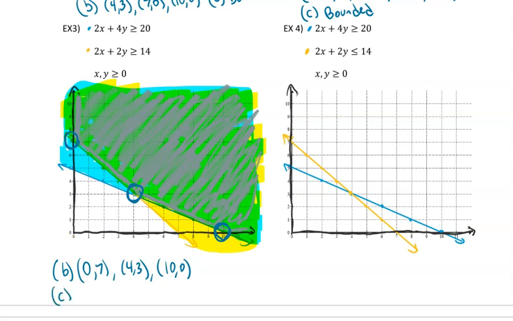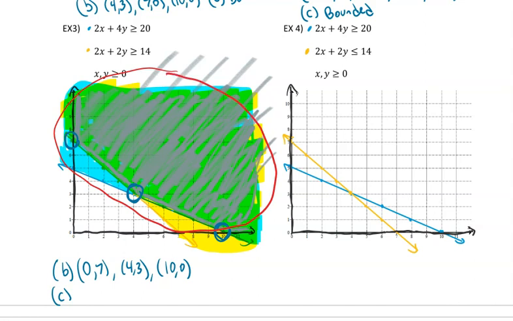For part C, we are going to see if it's bounded or not. And keep in mind, even though I couldn't actually shade it that far, this shading doesn't stop. There's nothing boxing it in. There's no more sides. So no matter how big of a circle we try to make, this shading still goes outside of that circle.